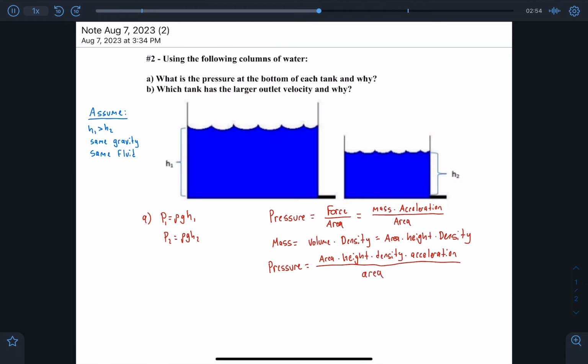And so then we can cancel out our areas and we're left with a pressure is just equal to height times a density times an acceleration.